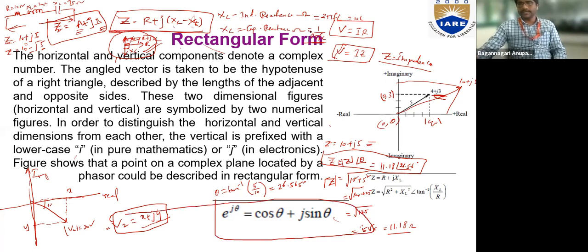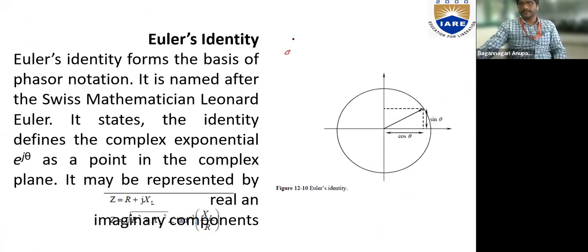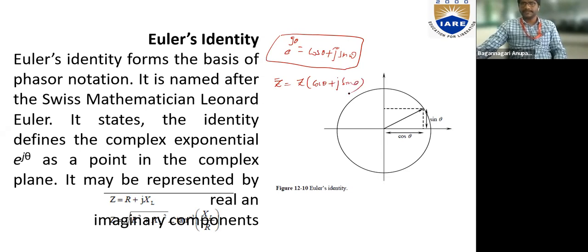So this is how we can represent the value here. Suppose I want to write vector Z, I can write it as Z into cos theta plus j sin theta. All representations are one and the same, right?